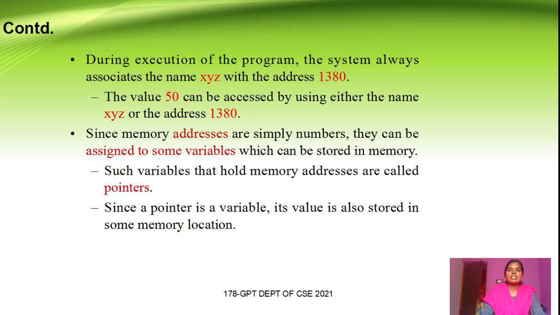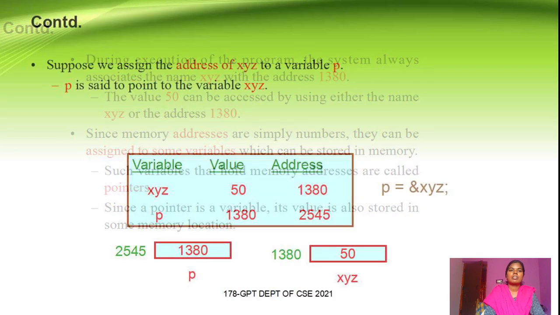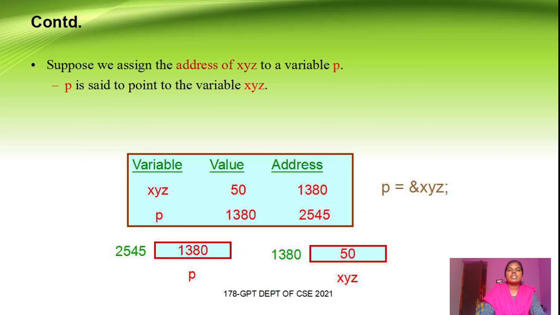The address is also a number, like 1380, so that is why it can be assigned to some variables. The variable in which the address is stored is what we call a pointer. A pointer is a variable, and its value is also stored in some memory location. Suppose we assign the address of xyz to a variable p.